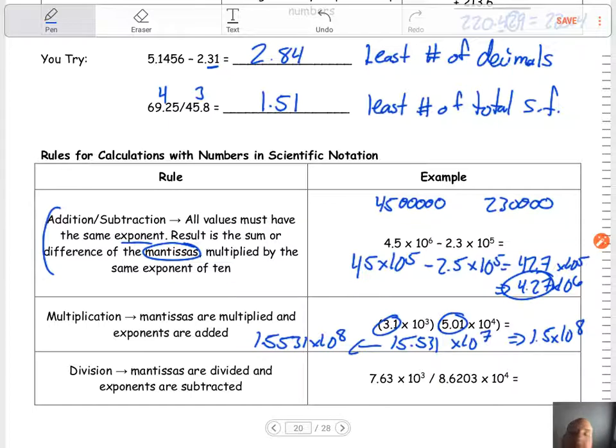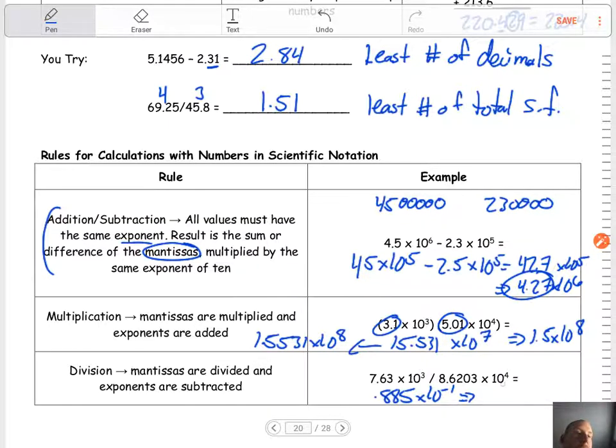Why don't you guys try the next one on your own and see if you can figure it out. So again, divide it, plug it in your calculator. Your calculator is going to give you an answer of something like maybe 0.885 times 10 to the minus 1, or if you follow the rules where you divide the mantissas and then subtract the exponents, that's what you would get.